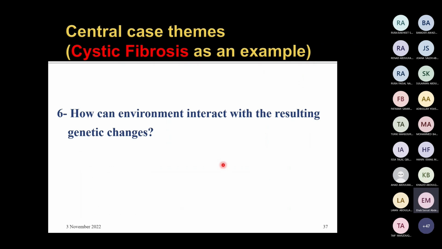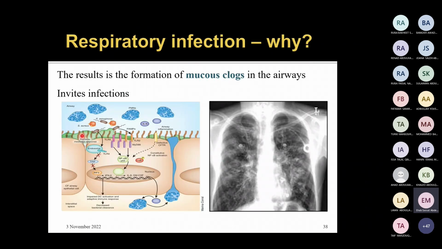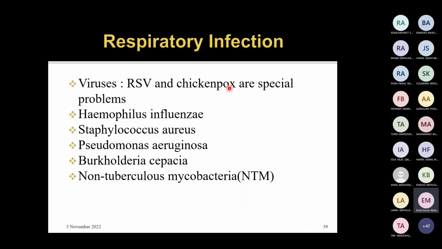How can the environment interact with the resulting genetic changes? This is easy because we have a problem here with the expulsion of harmful material and particles. These invite infections. So mucus clogs in the airway invite infections. And this is an X-ray of a severely damaged lung due to infections. And it's easy to see why there is a respiratory infection.